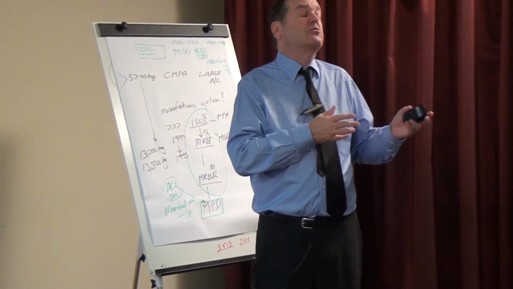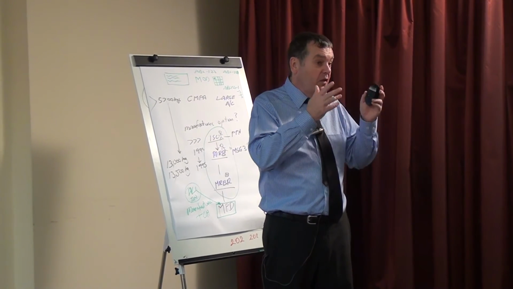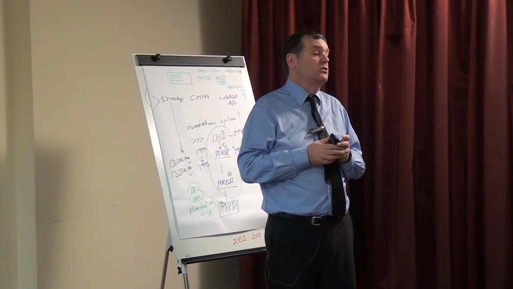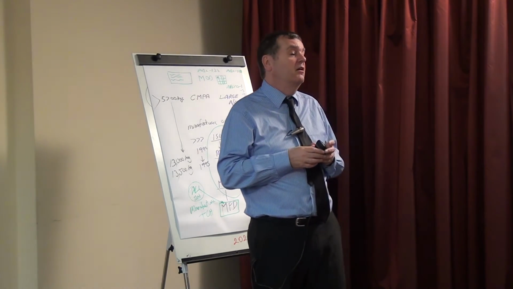And the big difference with the introduction of MSG2 was the understanding of how the condition monitored story was going to work. These are the guys we just leave until they fall over.